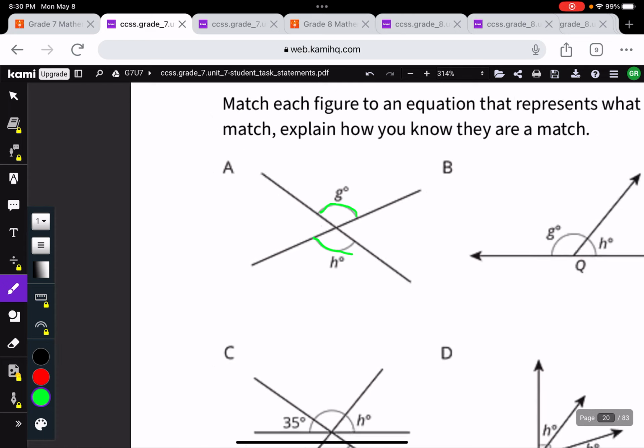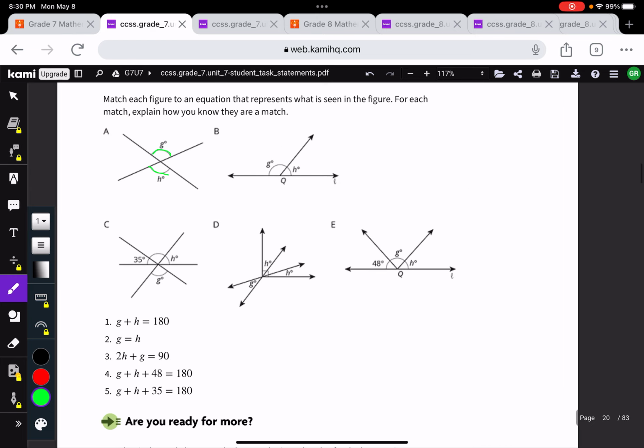Is there an equation that says G equals H? We'll write a number 2 next to that. So that's number 2. I don't want to cross it off because maybe we're going to use it again.